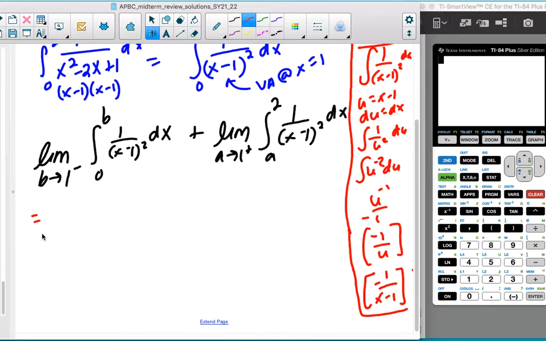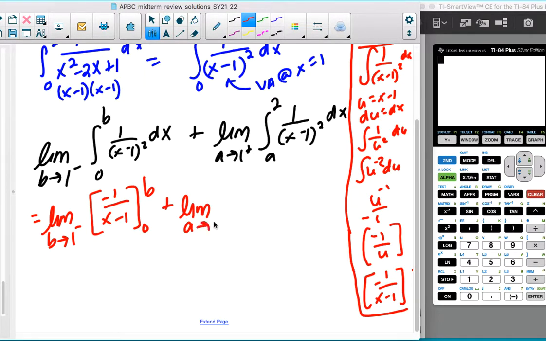So if I integrate, this is going to end up being the limit as b approaches 1 from the left of what we now know is a negative 1 over x minus 1 from 0 to b, plus the same exact thing, just using a's and approaching from the other side, negative 1 over x minus 1 from a to 2. Well, here's the problem.